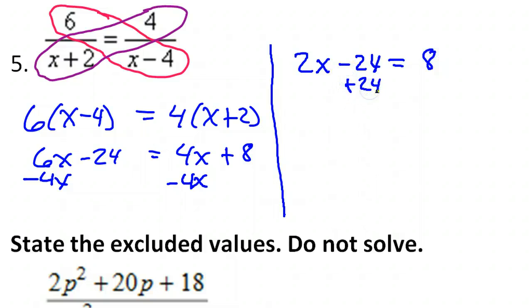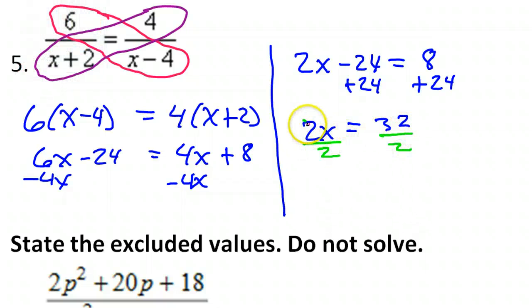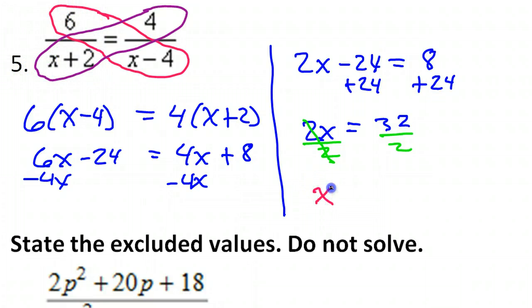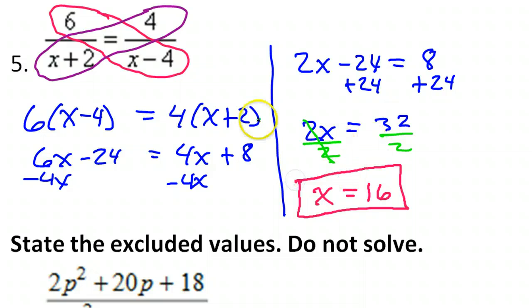So time to add 24 to both sides. That'll give me 2x is equal to 32. Then it's time to divide both sides by 2. So that'll give me x equals 16. So that is the solution.